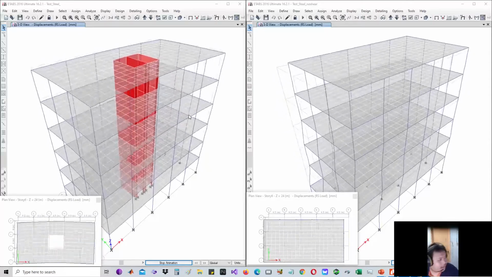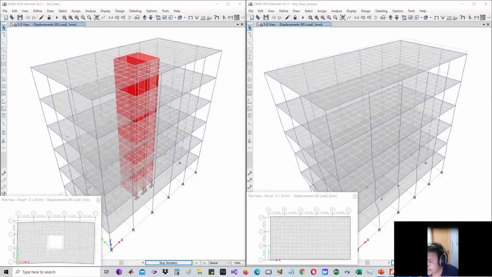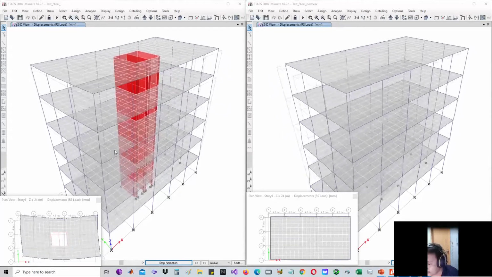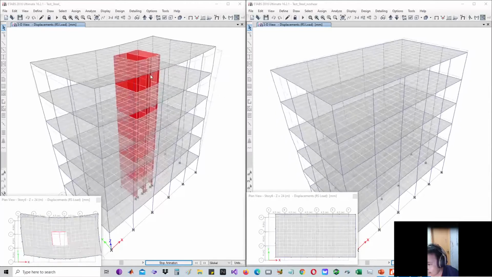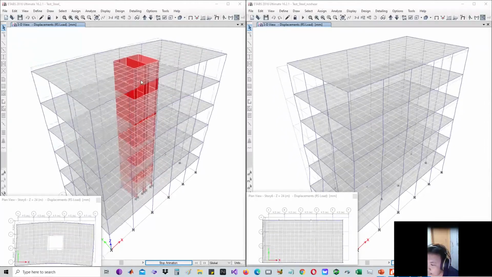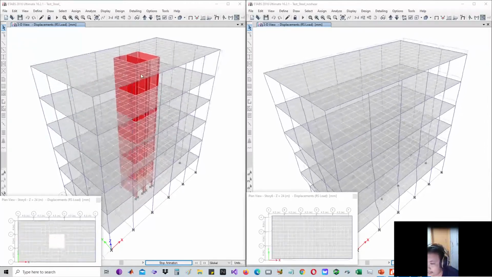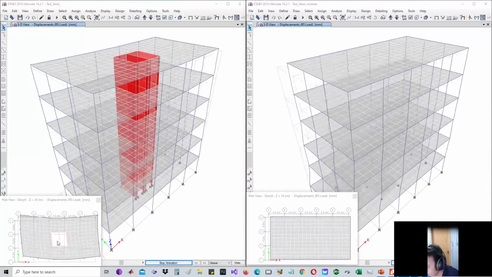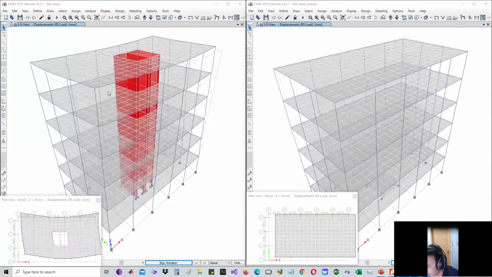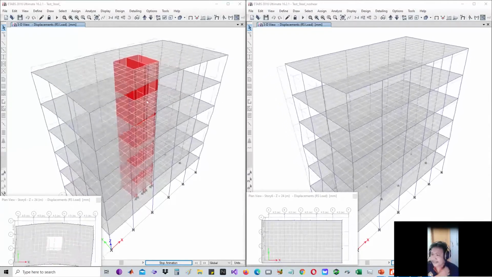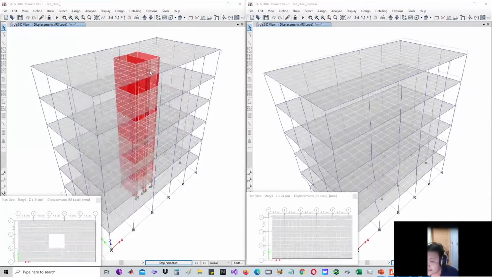As you can see the examples here, in this first window, this is the plan, nakita nyo man itong movement niya. We have a shear wall, or what you call this, elevator shaft. Sa elevator shaft nilagay natin sa gitna ng building. 1 2 3 4 5 6, 6-story building. The sixth floor is the roof deck, example lang.